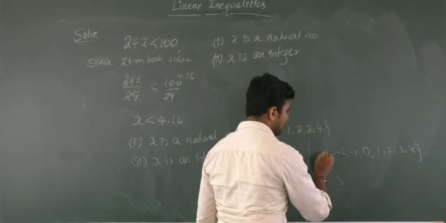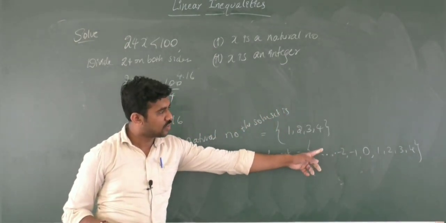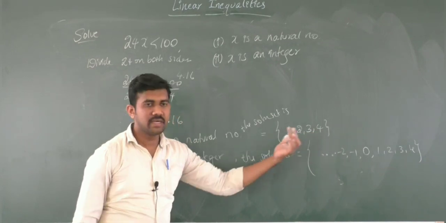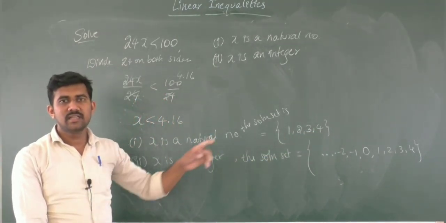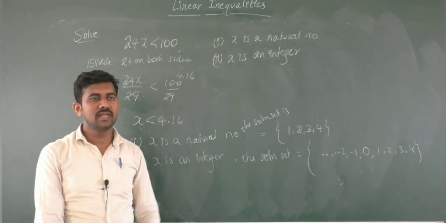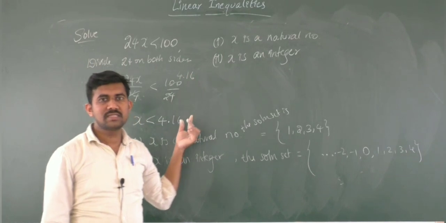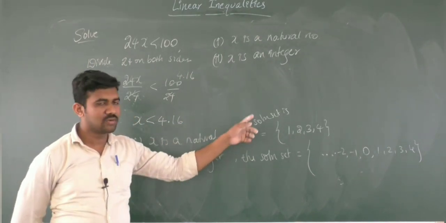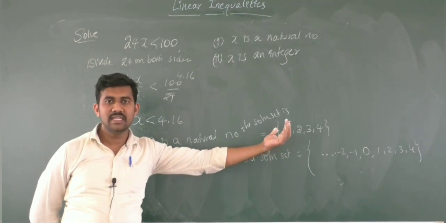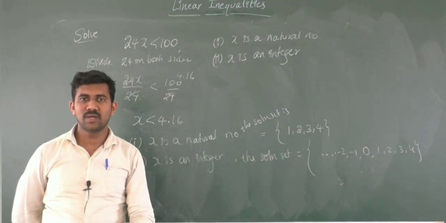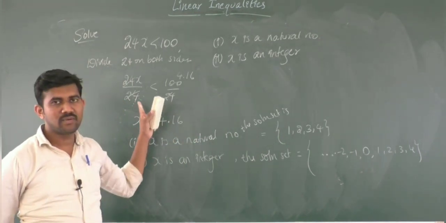It decreases. So the set of numbers, that is 0, 1, 2, 3, 4, and minus 1, minus 2, and so on till minus infinity, are the solution set. So when x is a natural number, the natural numbers less than 4.16 are 1, 2, 3, 4, and when x is an integer, we have to list the integers less than 4.16. Those are the solution set of this inequation.